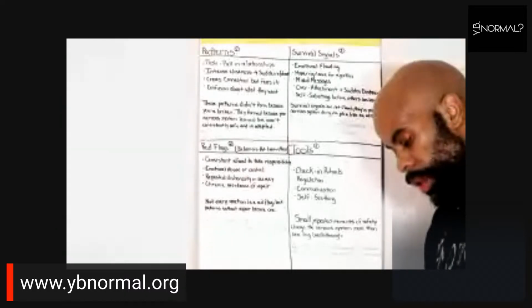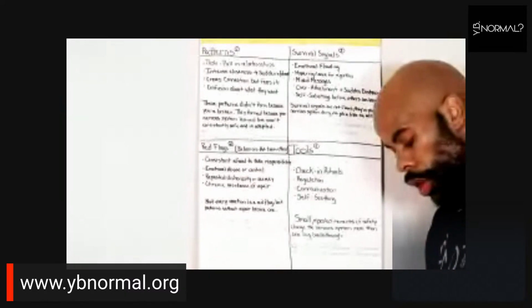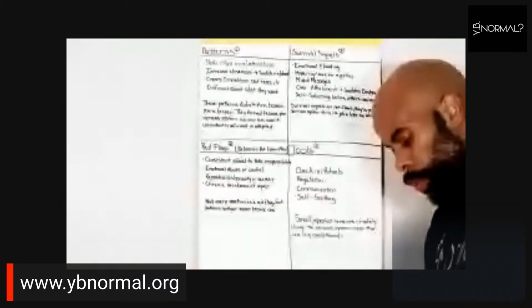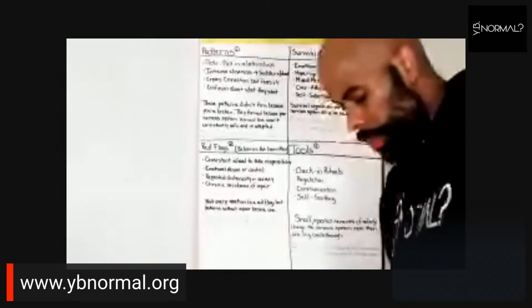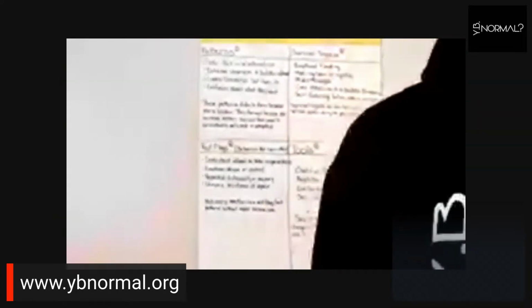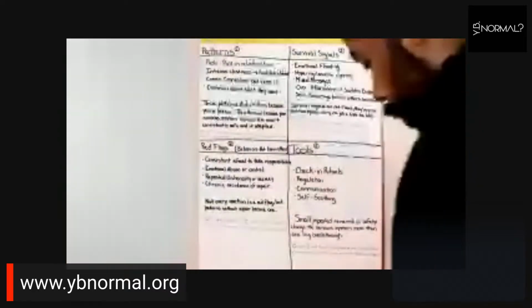All right. What I also want you to understand, and I had to learn this the hard way, is that withdrawal isn't rejection. It's your body hitting its tolerance limit for closeness. Okay.